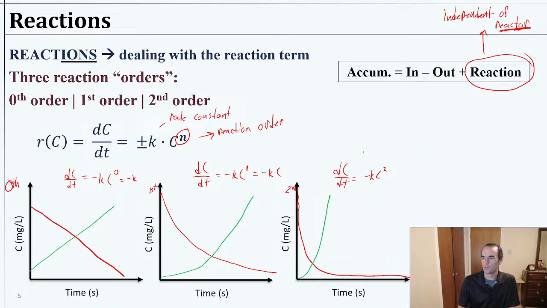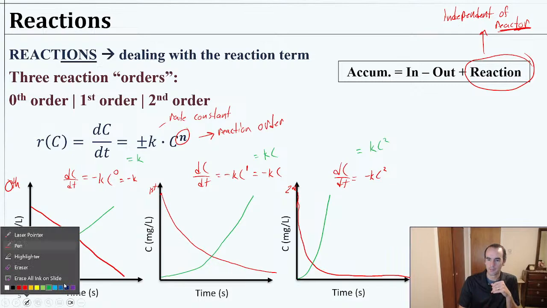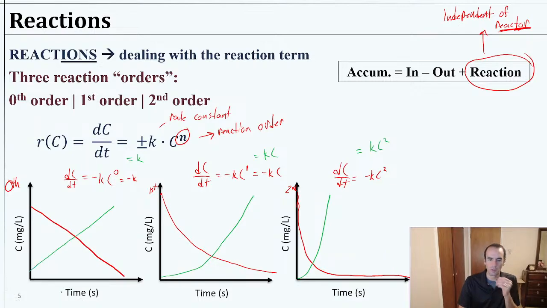And of course, these would be kc squared, kc, or equal to k, right? So we could have plus or minus. Okay, is that clear? Does that make sense? You're welcome to comment, ask questions at any point. I hope you feel free to do so.